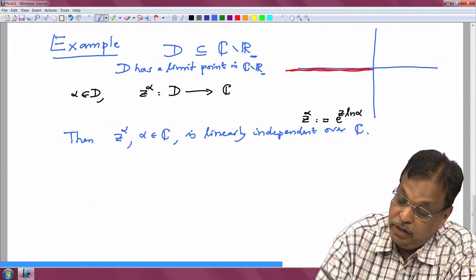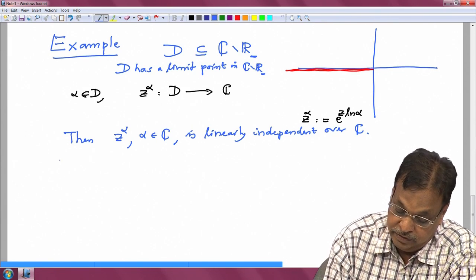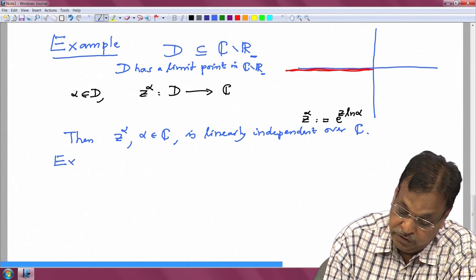But now I want to combine this example and the earlier example.